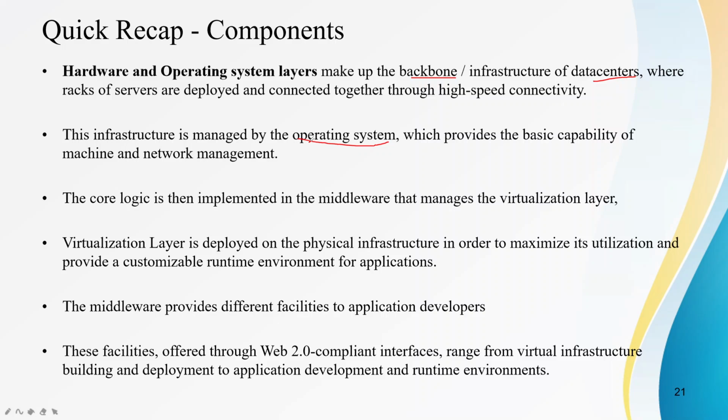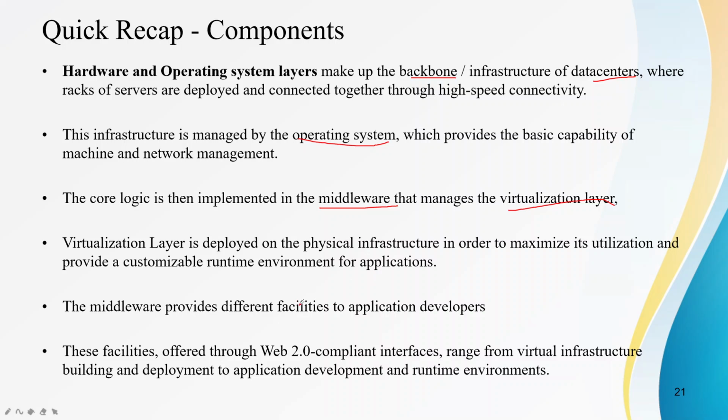Then the core logic is implemented in the middleware that manages the virtualization layer, which provides us the access. The virtualization layer is deployed on the physical infrastructure in order to maximize its utilization and provide a customizable runtime environment for applications.